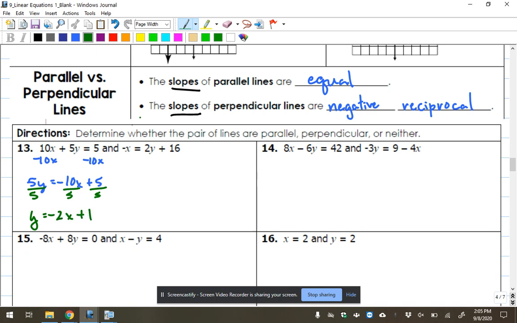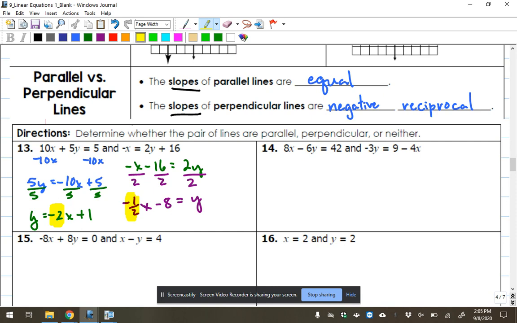And then negative x minus 16 is equal to 2y. Divide by 2. That's negative 1/2 x minus 8 equals y. The things we're comparing are the slopes.